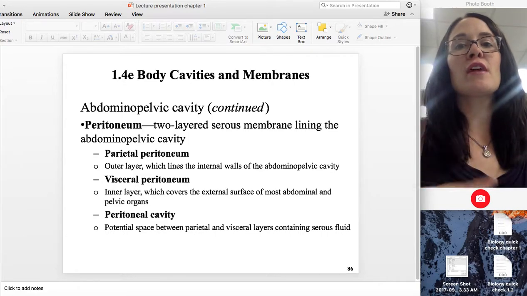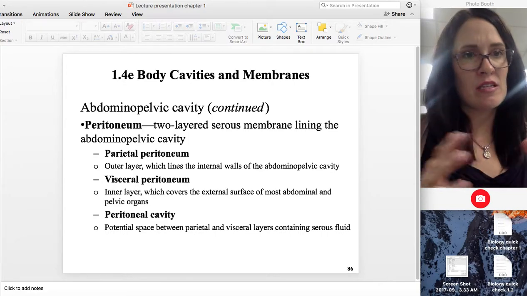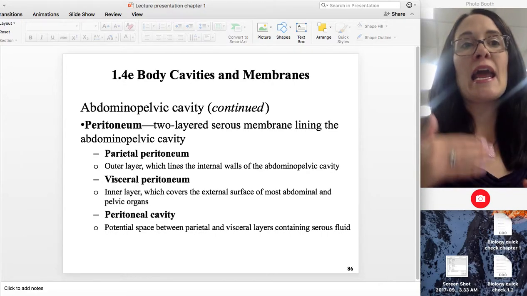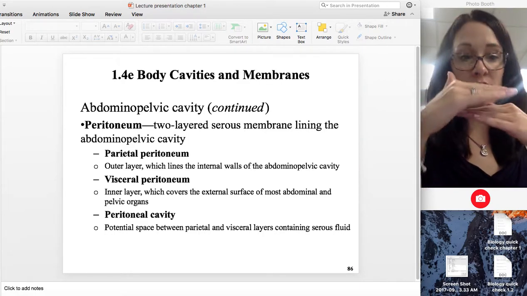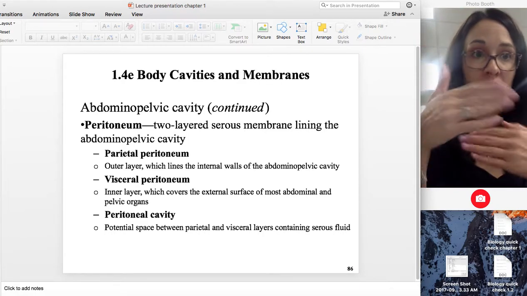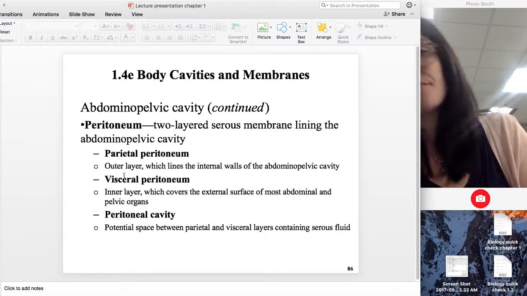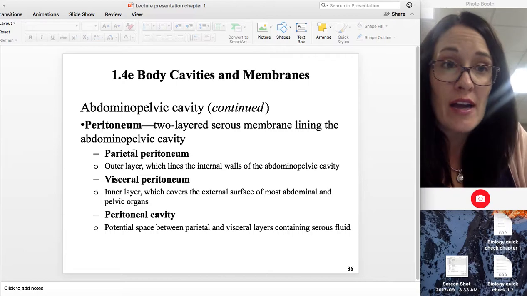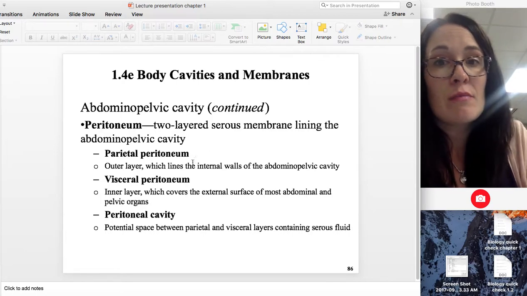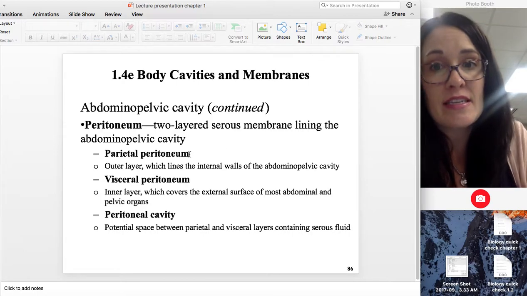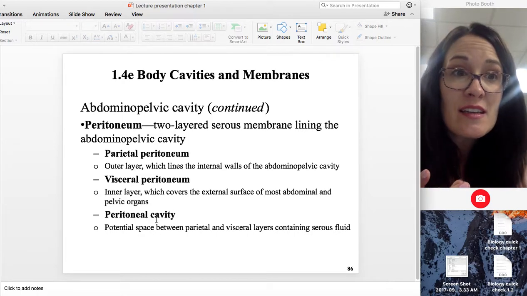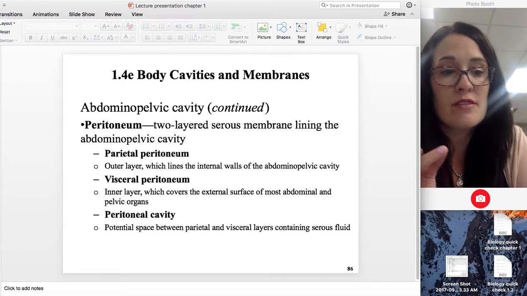So think of your abdominal pelvic cavity, it's this big open space. It also has a lining, a sandwich on the outside and right up tight against the organs, two layers. Again, it has the parietal name and the visceral name, but it's specific to the area, the peritoneum. And then there's a space in between, the cavity that prevents friction.